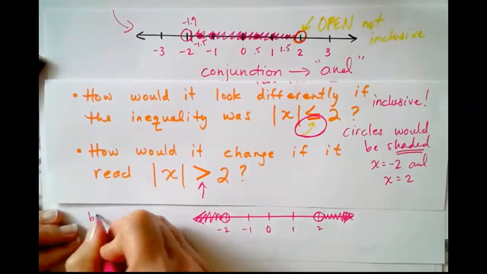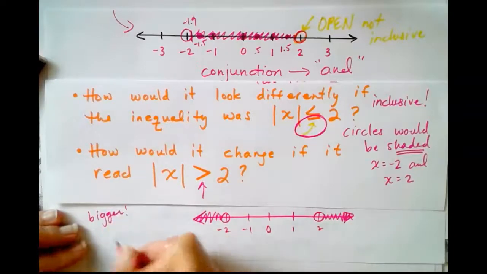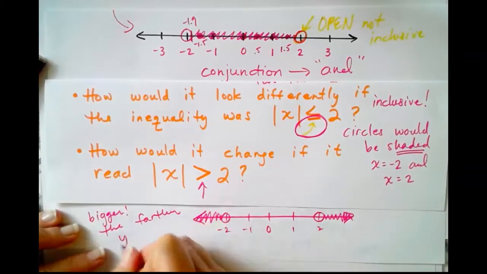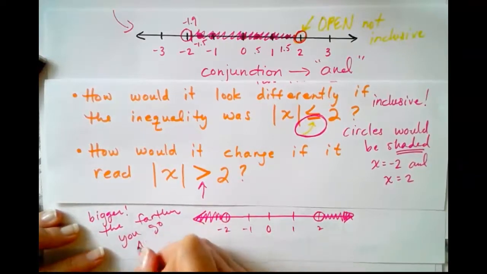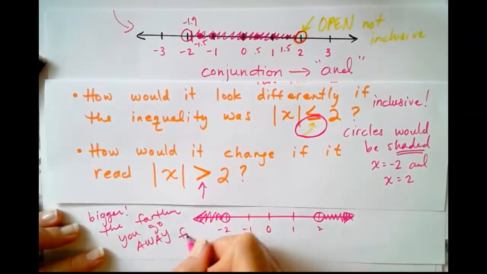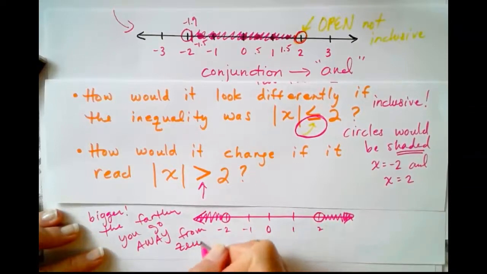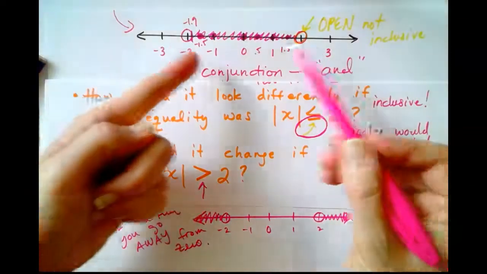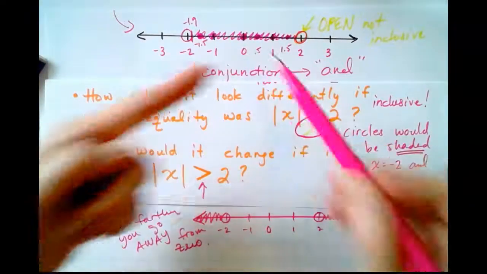So absolute value gets bigger the farther you go away from 0. So that's when absolute value gets bigger. Absolute value gets smaller the closer that we get to 0.